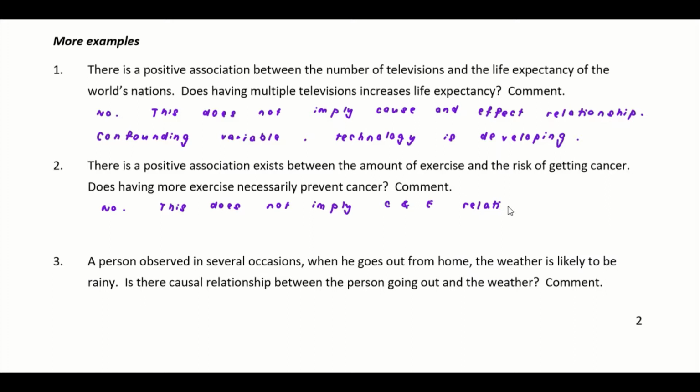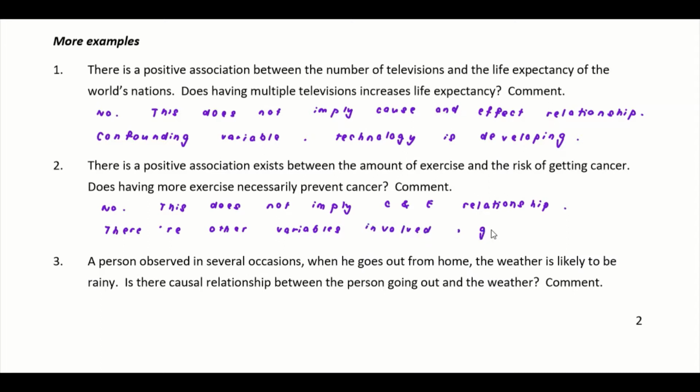Okay. So yeah, how are you going to explain this? Maybe you can just mention that there can be other variables involved. So stuff like, for example, for cancer, maybe one of the very important factors is the gene.